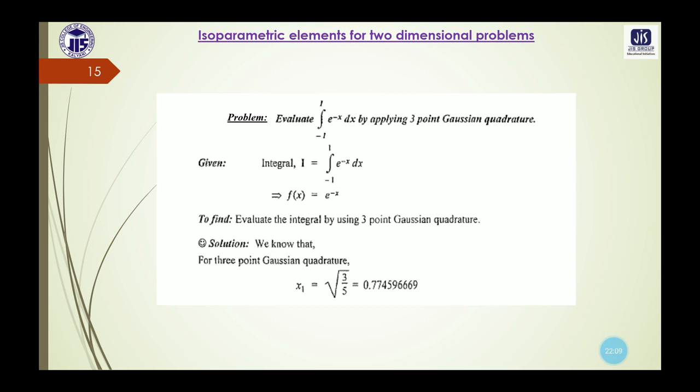Now the integral I is given here as minus 1 to 1 e to the power minus x dx. So that means fx is e to the power minus x. Now we need to evaluate this integral by using the 3-point Gaussian quadrature.